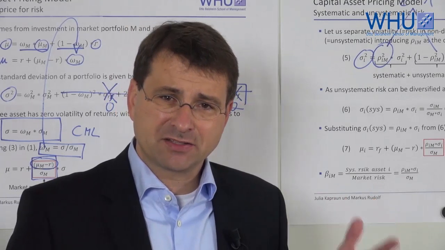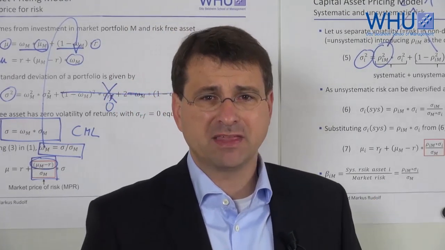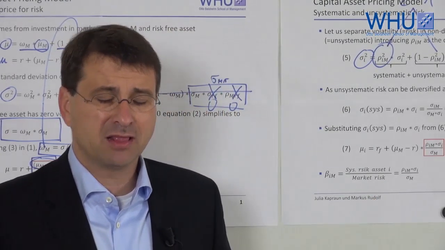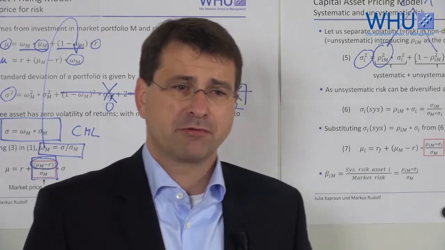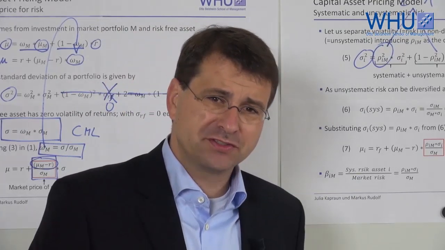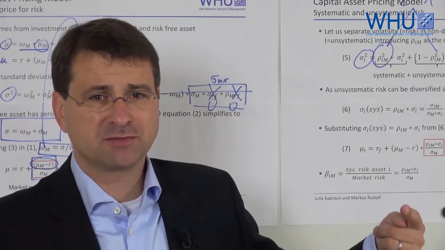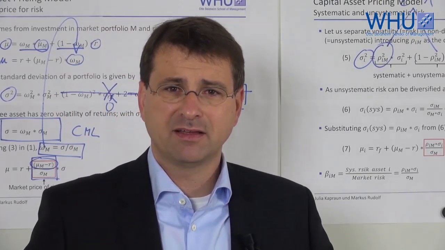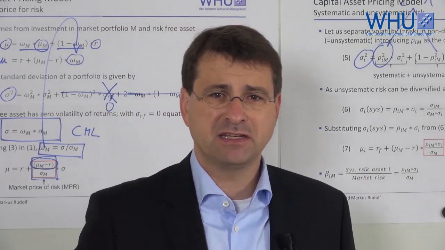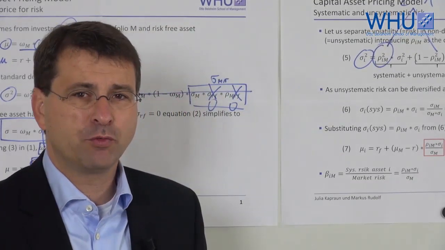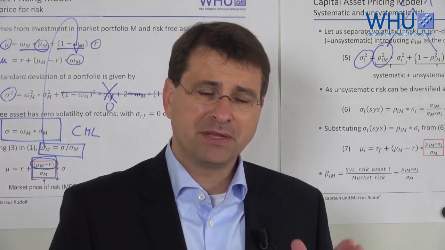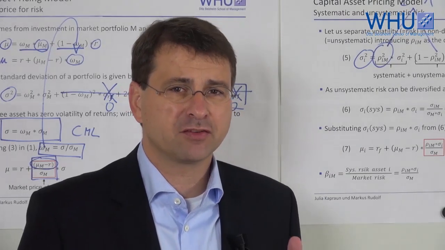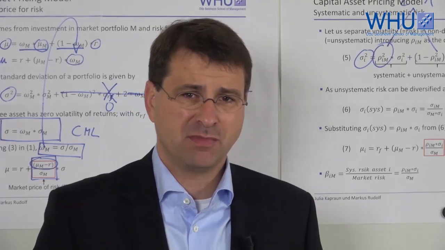So basically the construction of the market portfolio in the capital asset pricing model literature is comparatively theoretical. What you can do is try to approximate this portfolio M by a market index, like the S&P 500 index or the MSCI World Stock Market Index. But we need to be aware that this is always only an approximation.